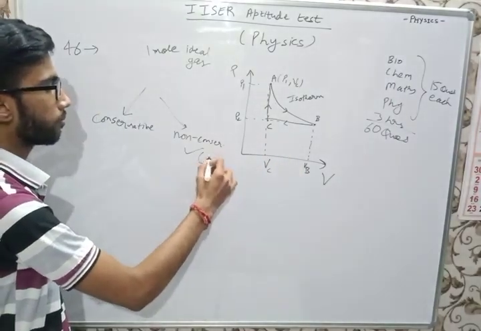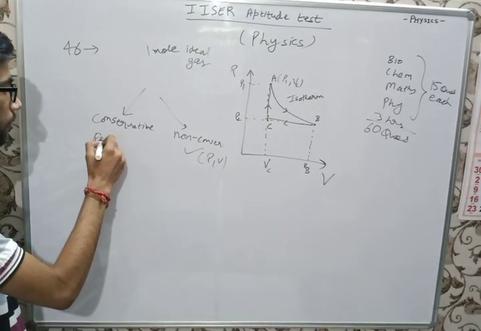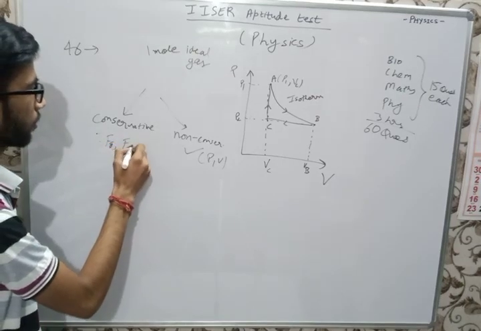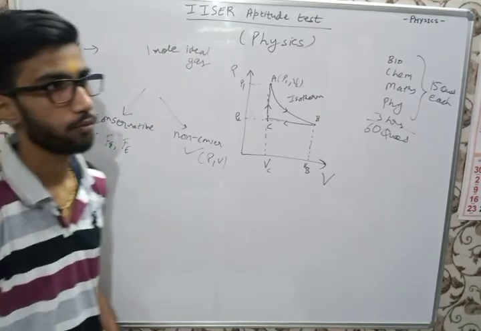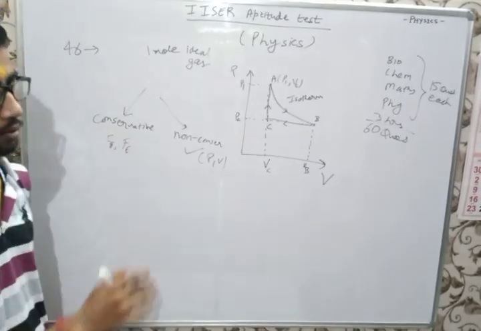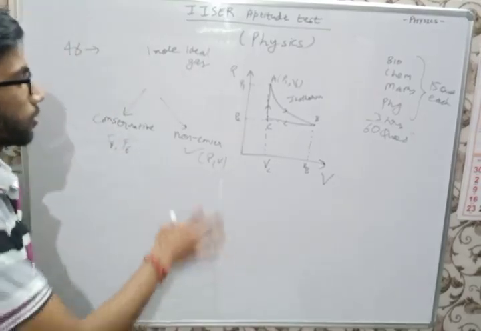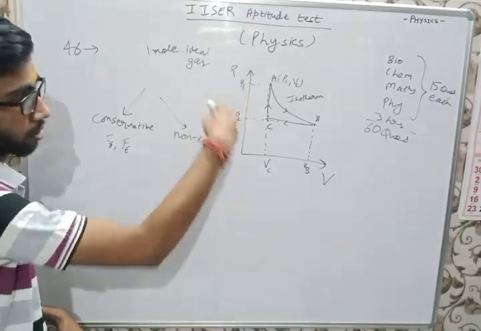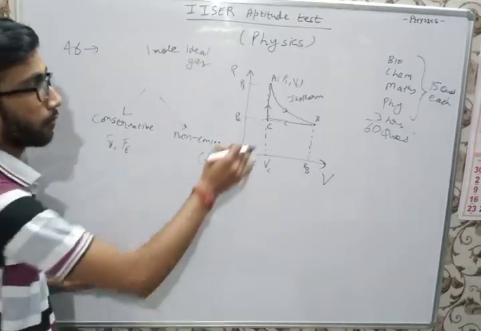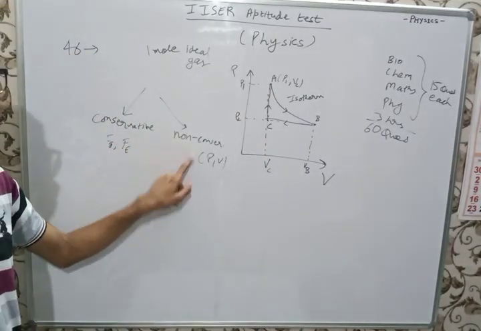Gravitational force and electric force are conservative forces, and the work done by those forces is called conservative work done. But the work done by the pressure volume system is not conservative. It depends on the path.